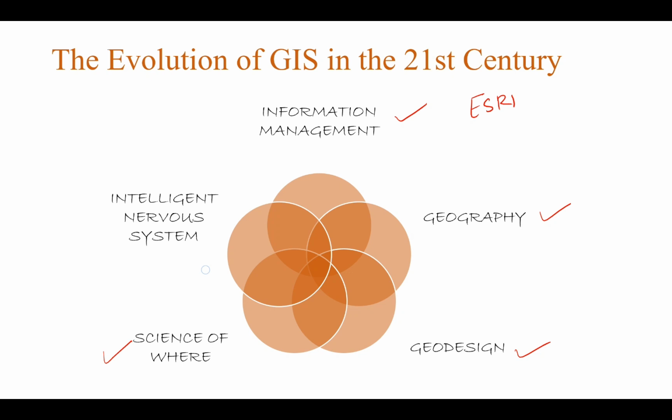So the intelligent nervous system is basically where we are right now. So it is 2020 and beyond, where we are using the internet so widely, and I'm sure that you all have Google Maps on your phones. You are constantly using location data.